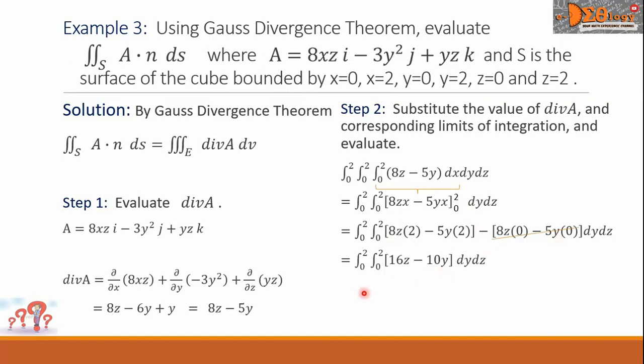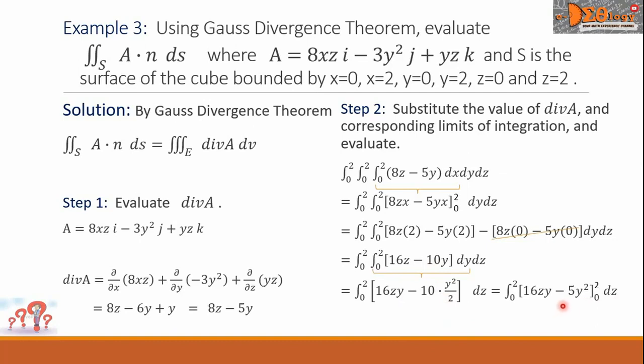Now let us evaluate again the integral from this point. The integral of 16z with respect to y will be 16zy minus the integral of 10y with respect to y, which is 10 times y squared over 2. We can cancel this 10 and 2, so we have 5y squared.